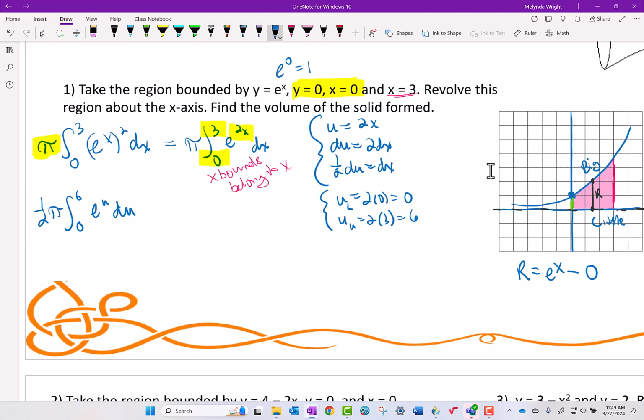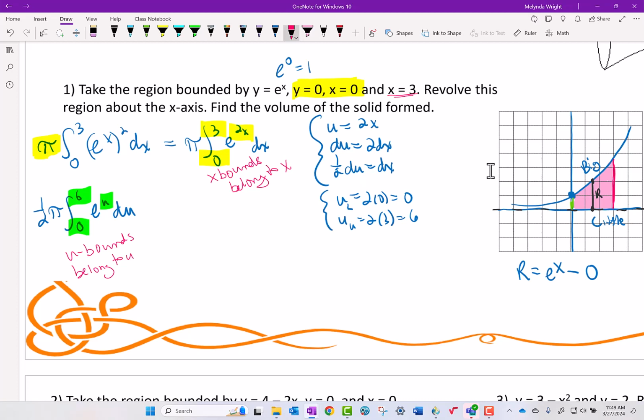These are u bounds, and they belong to the u. Okay, and we cannot mix them up. It's one or the other.